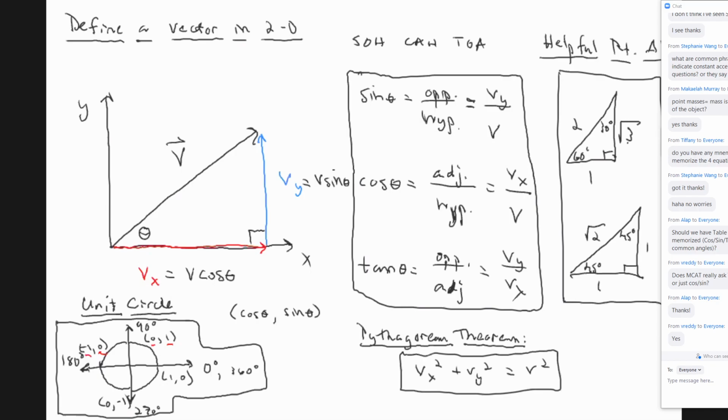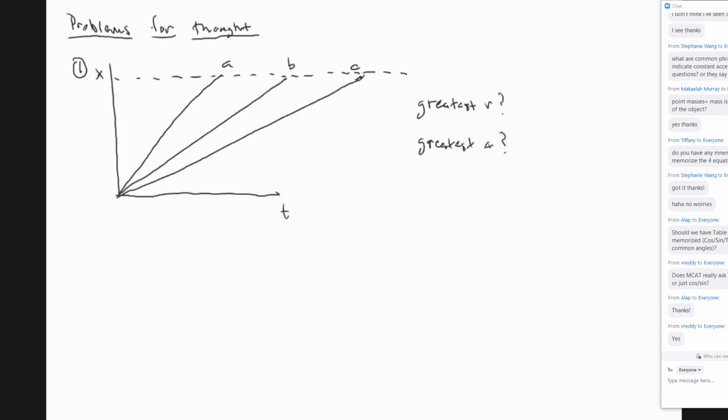Okay, so let's go back. So out of these objects, A, B, and C, or runner A, runner B, runner C, which one has the greatest velocity? Which one has the greatest acceleration?